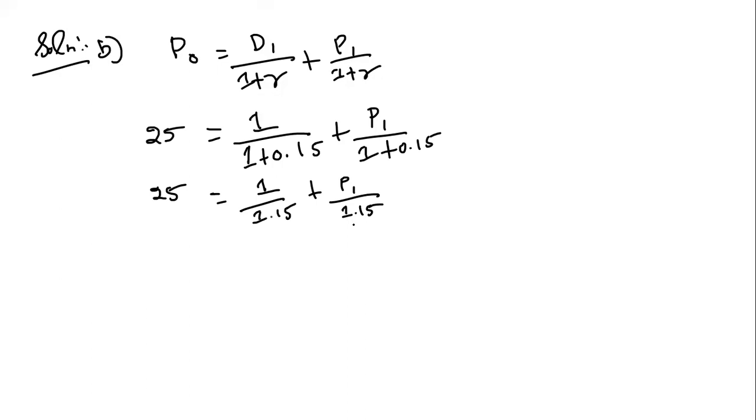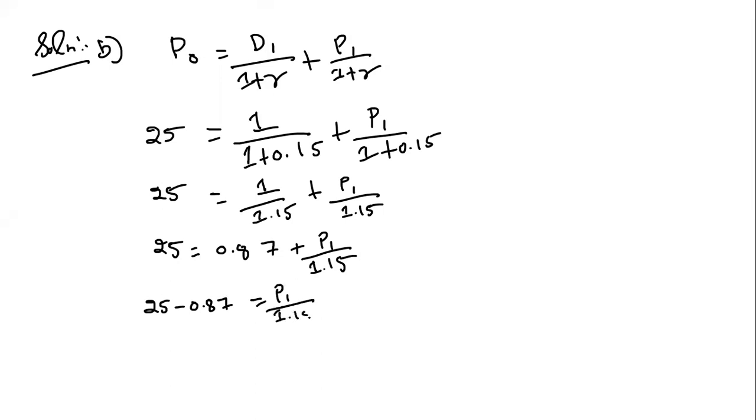1 divided by 1.15 will be 0.866. So we will consider it as 25 is equal to 0.87 plus P1 divided by 1.15. Again we will take 0.87 to that side, so 25 minus 0.87 is equal to P1 divided by 1.15.